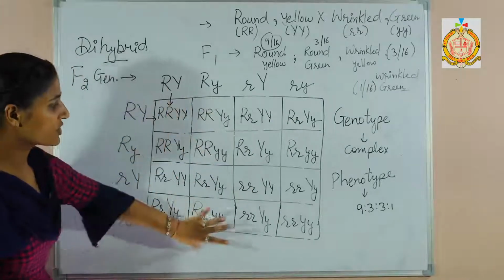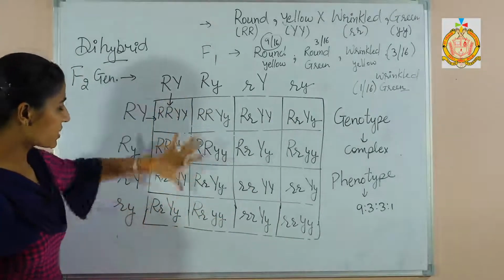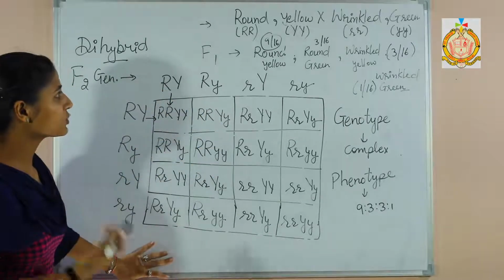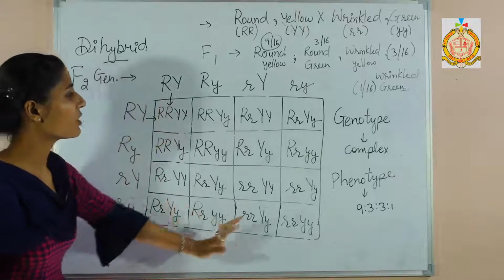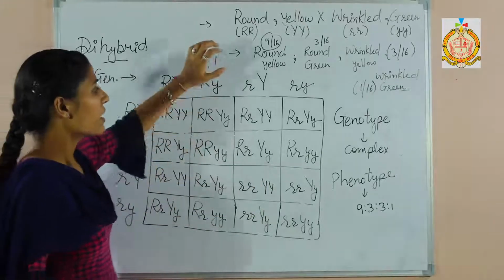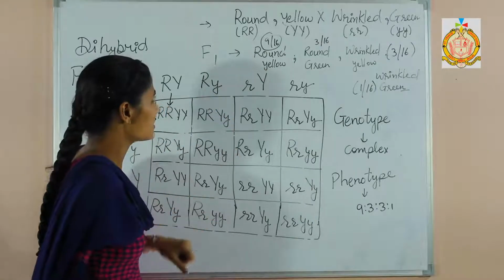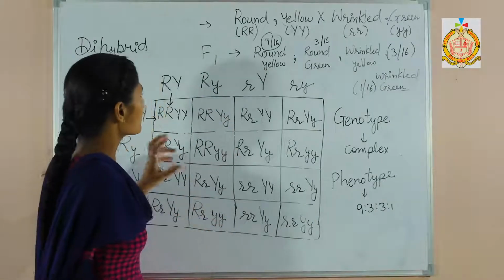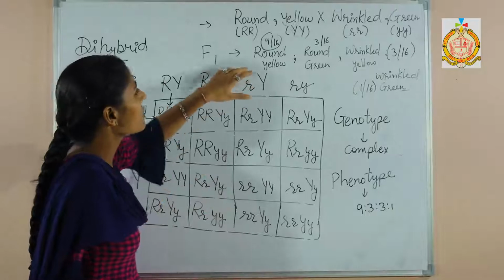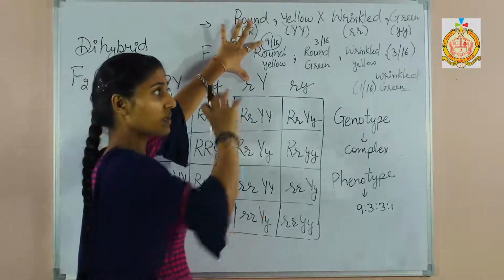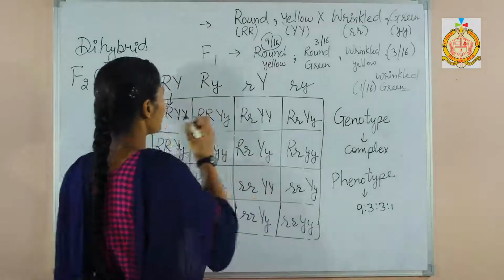So the combination takes place. We have combined the rows with the columns. Afterward we came to know which kind of phenotypes and genes we have got. Let us discuss firstly the phenotypes. The phenotype says that we have got 9 round and yellow seeds, proper round and yellow seeds.